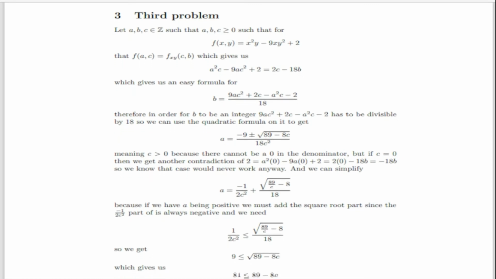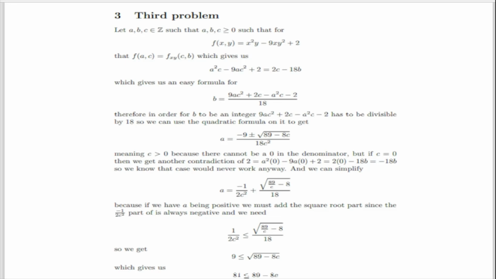Let a, b, and c be integers such that a, b, and c are all greater than or equal to 0, such that for f of x comma y equals x squared y minus 9x y squared plus 2, f of a comma c equals the partial derivative of f with respect to x and y of c comma b, which gives us a squared c minus 9ac squared plus 2 equals 2c minus 18b, which gives us an easy formula for b, which is 9ac squared plus 2c minus a squared c minus 2 all over 18.